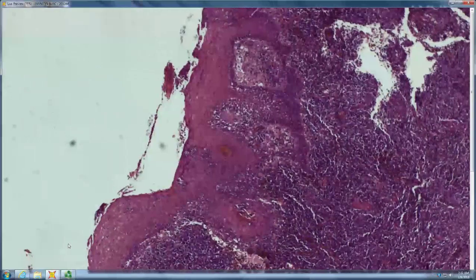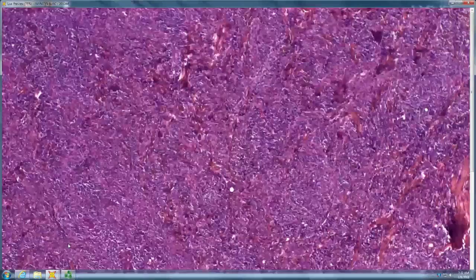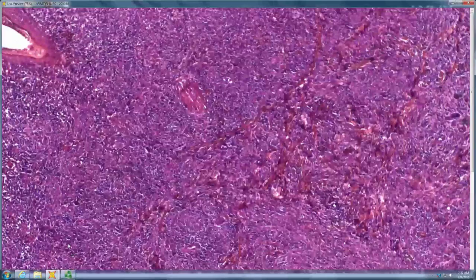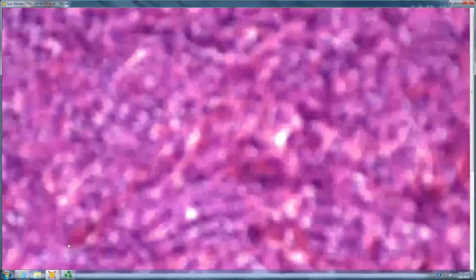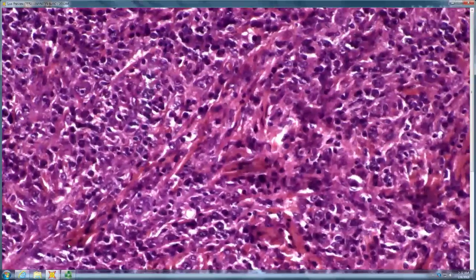This one has a lot of dermal inflammation, so dense it's kind of hard to make out if it's interstitial or not. If you look higher, there's no shortage of plasma cells here.